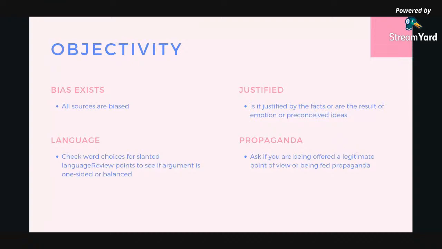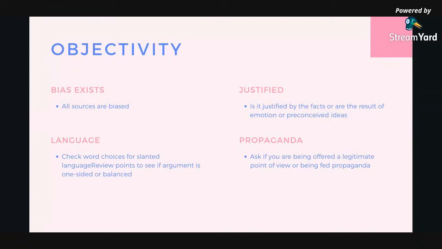A lot of times those words are chosen specifically, and they know exactly what kinds of words they are choosing. They might have one fact, but then lead you with a lot of other emotional words and language to try to manipulate the argument.